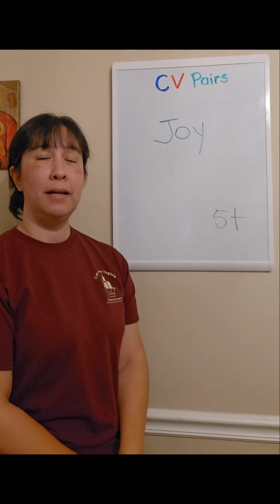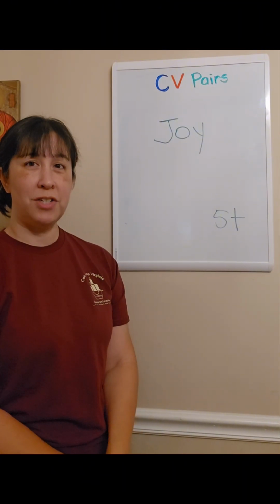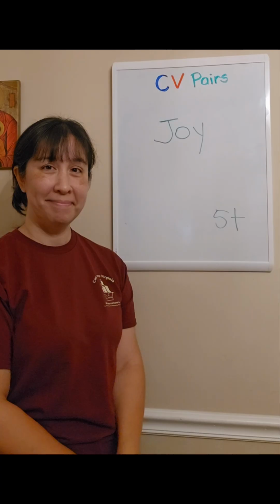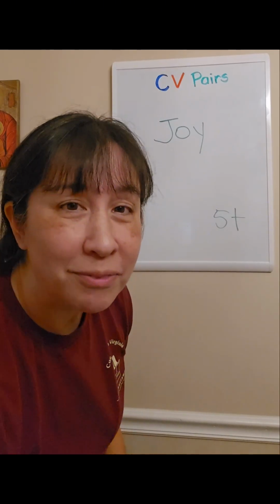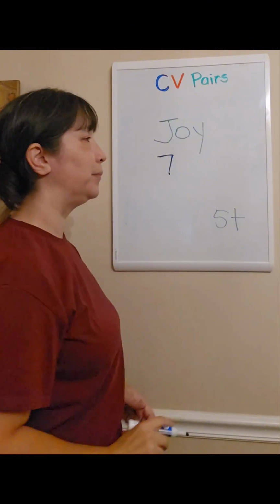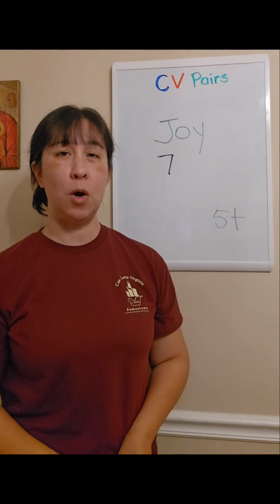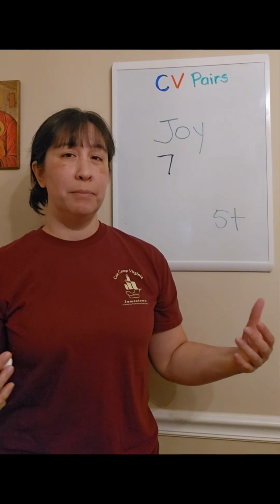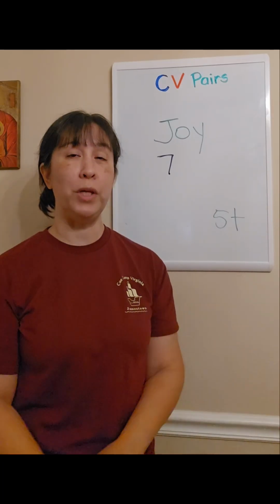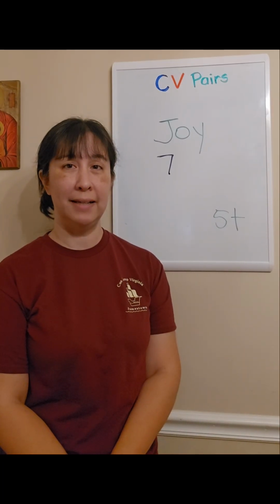What hand shape do we use to cue the j sound? We've seen this before. It's a hand shape 7. So I'm going to write my 7 here. And then what placement or diphthong movement do we use for the oi sound?